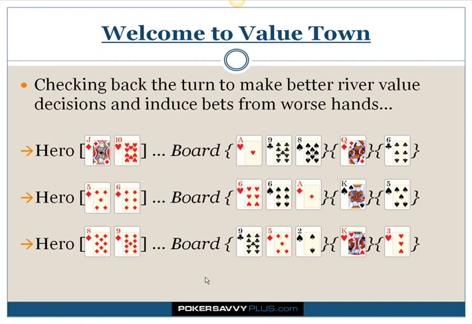This turn card, let's just change my cards for a second to 2-6, for example. If I have 2-6 in this situation, I'm going to barrel this turn card a huge percentage of the time. And the reason why I'm going to barrel this turn card a huge percentage of the time is that I get folds. I get folds a huge percentage of the time when I actually double barrel this board.